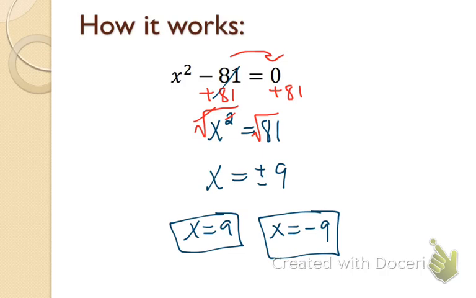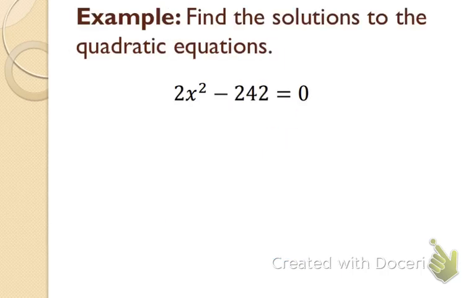As you can see, it looks fairly easy, but of course, these problems tend to get a little more challenging as we go. So, 2x squared minus 242 is equal to 0. We have the x squared term and we have the constant term. All I see is a single x right there.